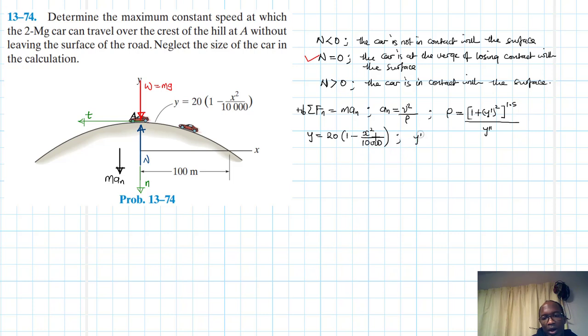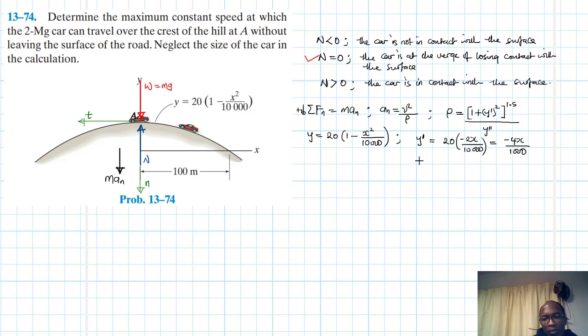Therefore, y prime is equal to 20 times minus 2x divided by 10,000. This just becomes minus 4x divided by 1,000.